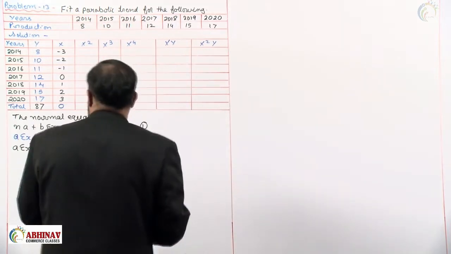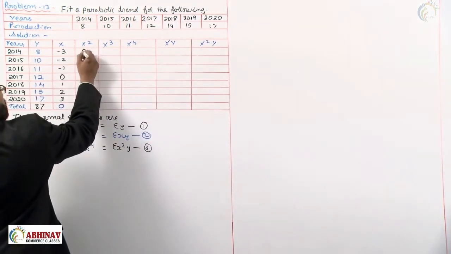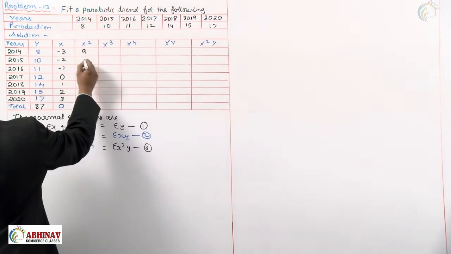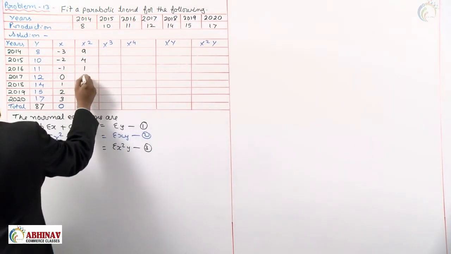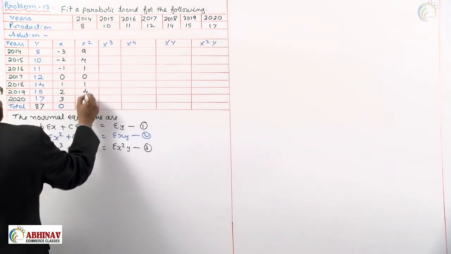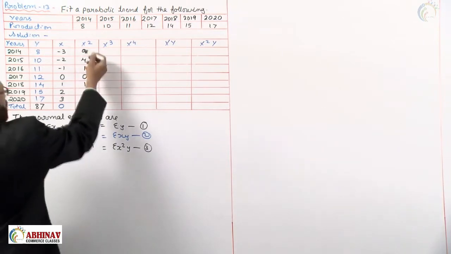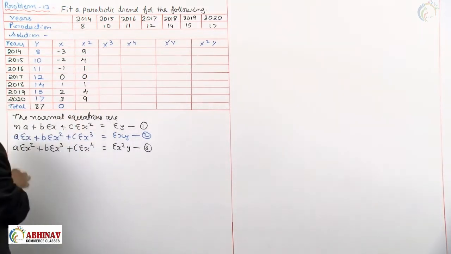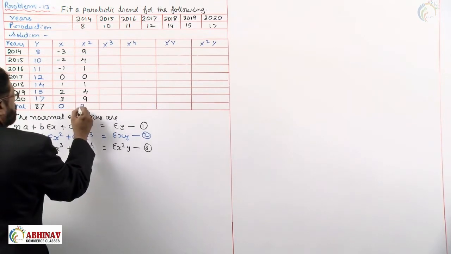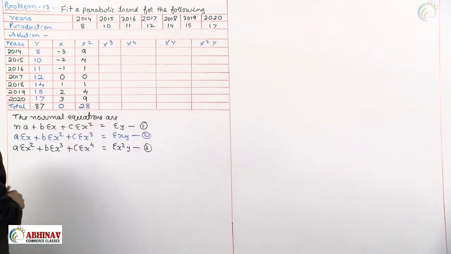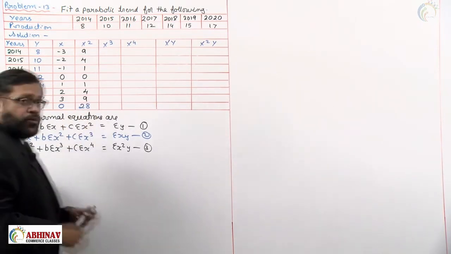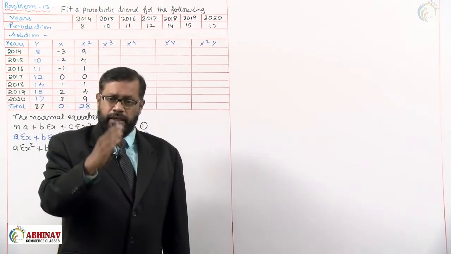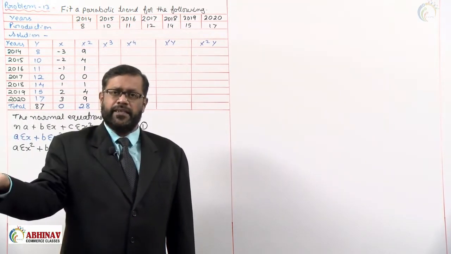Now, x square, square it: 9, 4, 1, 0, 1, 4, 9. Total is going to be 28. Now, let's cube, x cube. X cube means minus 3 into minus 3 into minus 3.